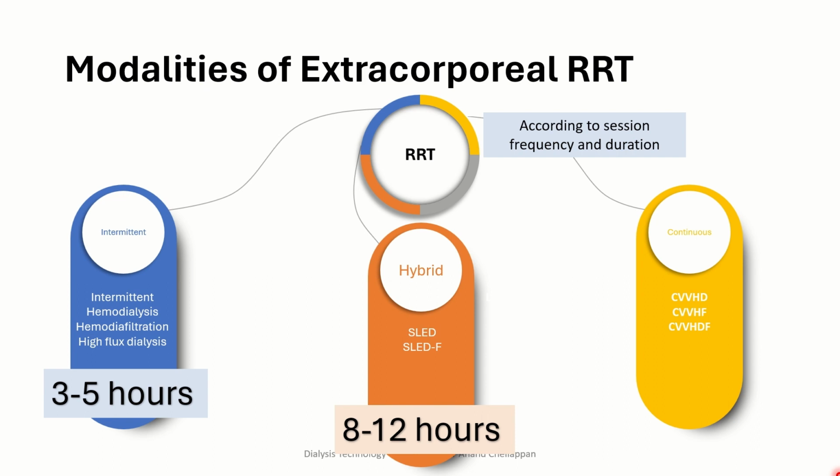Finally, we have the continuous therapies, which are CVVHD, that is continuous veno-venous hemodialysis, continuous veno-venous hemofiltration, and continuous veno-venous hemodiafiltration. These therapies are continuous as per their name, and the durations typically range from 24 to 48 or even 72 hours depending upon the filter life.